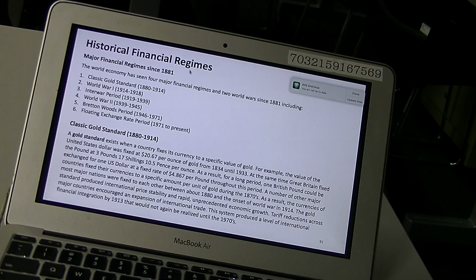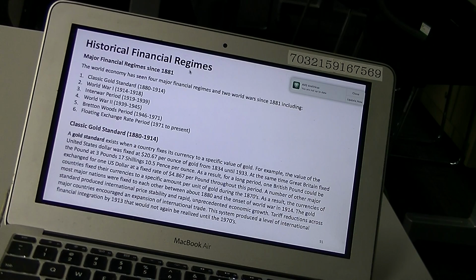A number of other major currencies fixed their currencies to a specific amount per unit of gold during the 1870s. So think about what happened. In 1870, you had a long regime where the U.S. dollar is fixed at $20.67 to 1 ounce of gold. That's something like 28 grams.